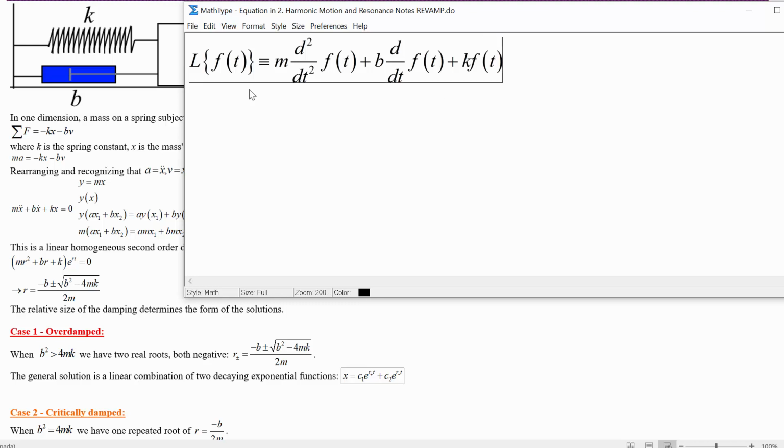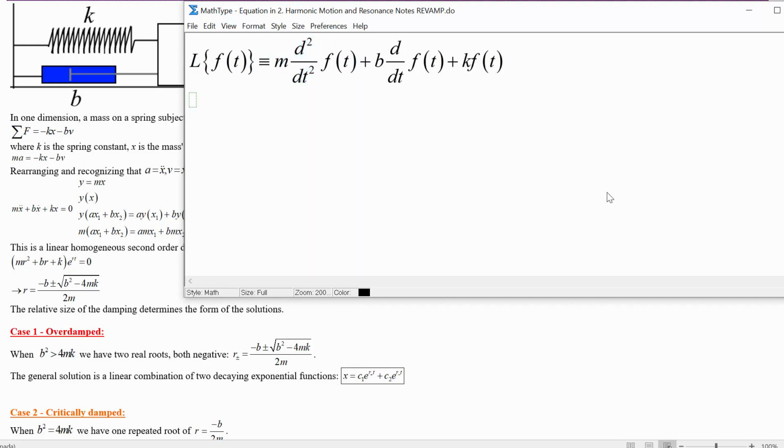If we define this operator to be the left-hand side of this differential equation, not the full equation, then this operator itself is linear because these derivative operators and multiplying by constants are linear.